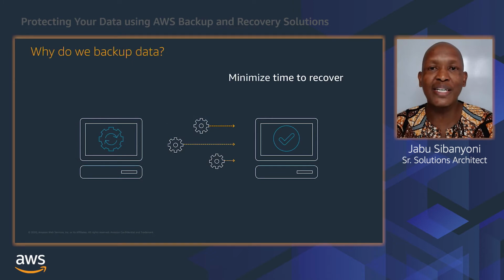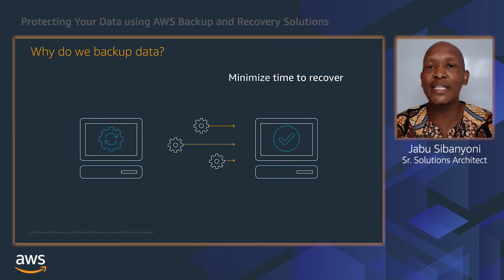So first, let's look at why we back up data. We back up data to minimize the time required to recover that data in case of a disaster. Organizations, therefore, are required to define their RTO, which is the recovery time objective.